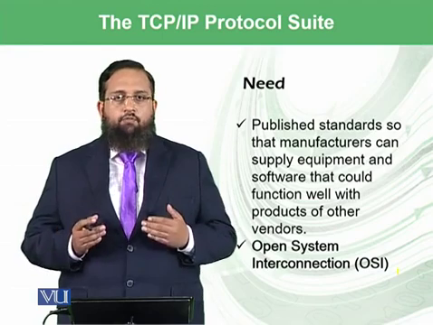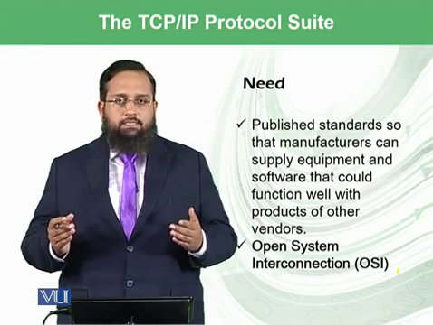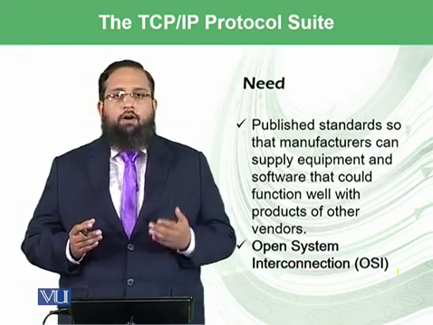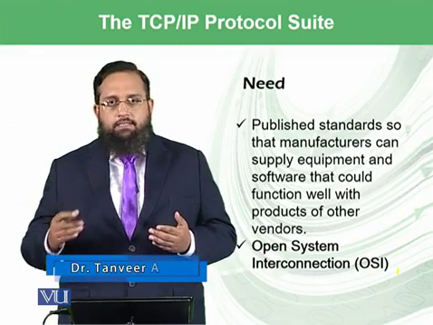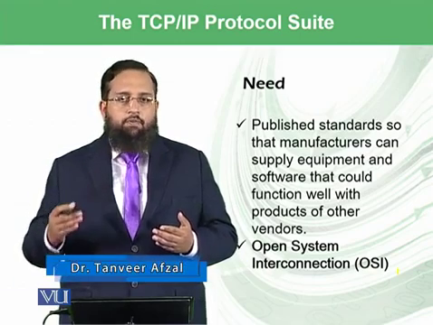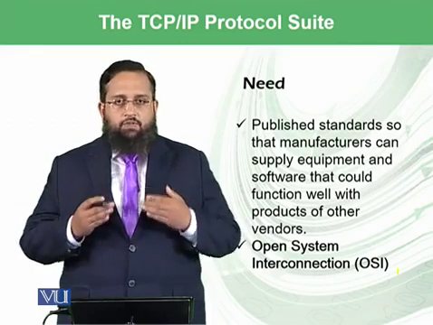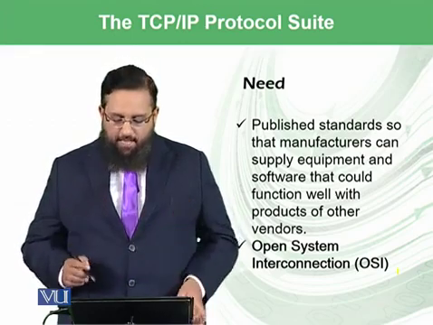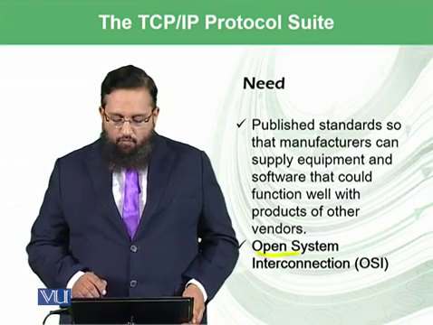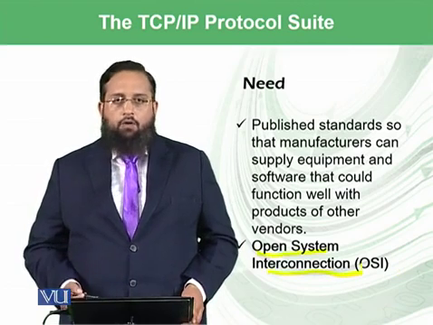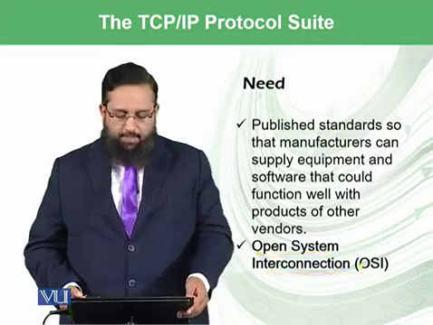Manufacturers which build different devices and software want to communicate with systems or software developed by other manufacturers, and they need a standardized method. Such a standardized model is known as the Open System Interconnection, or OSI model.